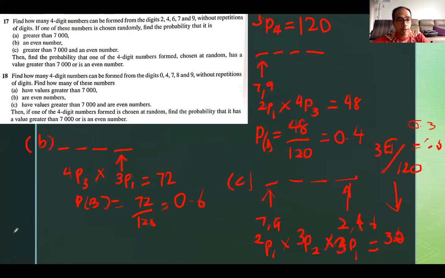So the probability of, let's call it A or B. Either my pen is running out of ink or something is happening. Okay, so this is probability of A, 0.4, plus probability of B, 0.6, minus 0.3.